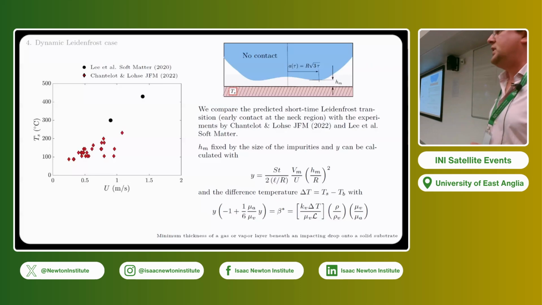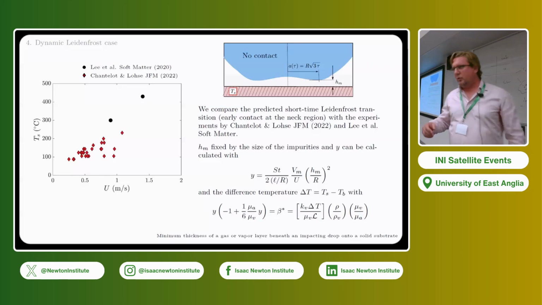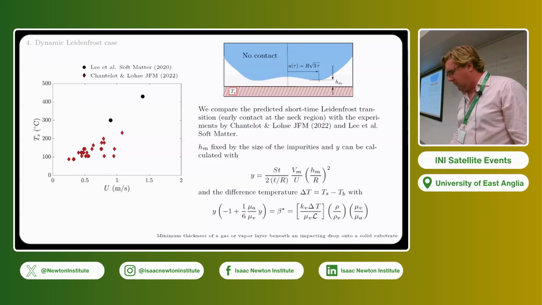As I explained at the beginning, we think that we have contact if HEM has a thickness equal to the size of the impurity on your solid or in the air. So if we fix HEM equal to the size of the impurity, we can calculate Y. And if we can calculate Y, we can determine the temperature difference between the solid and the boiling temperature of the ethanol.